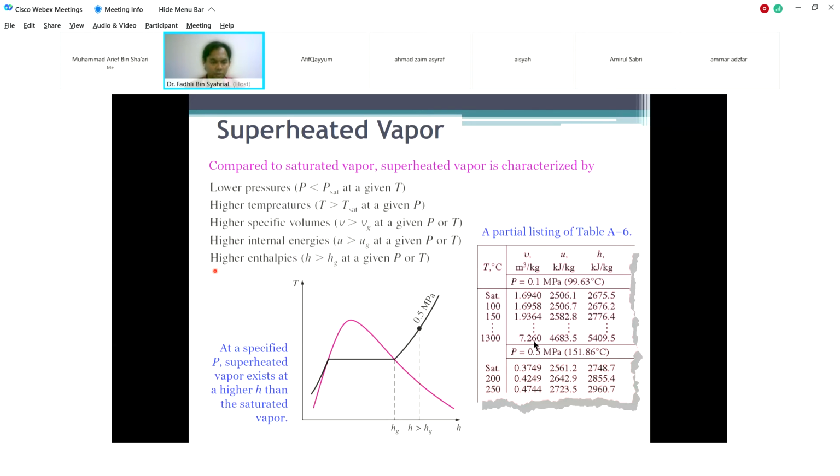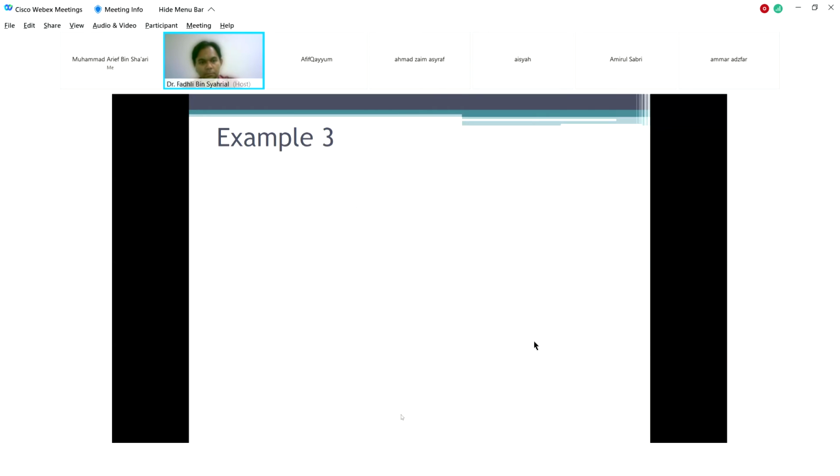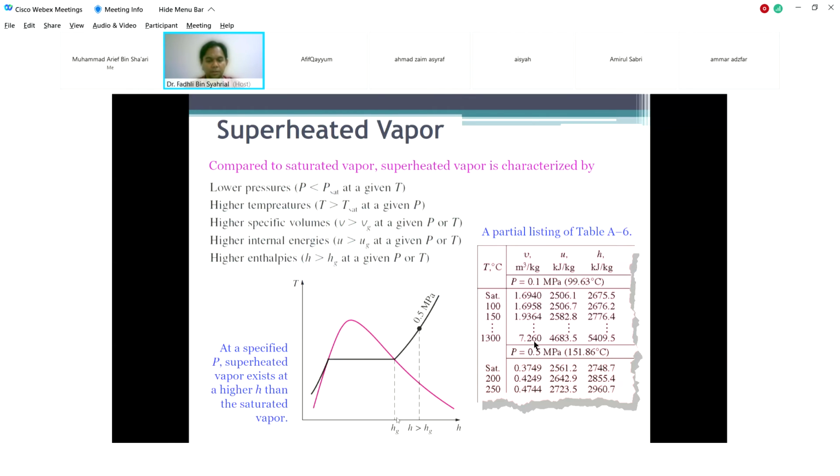And number 4 also the same, higher enthalpies than Hg. So this is H, and from this point, draw a vertical line. This is also H, enthalpy for superheated vapor, and here is Hg, enthalpy for saturated vapor.